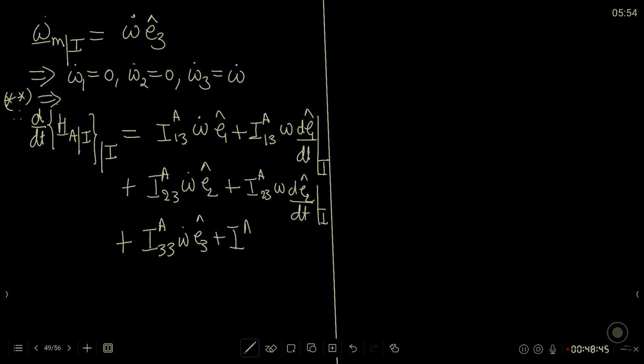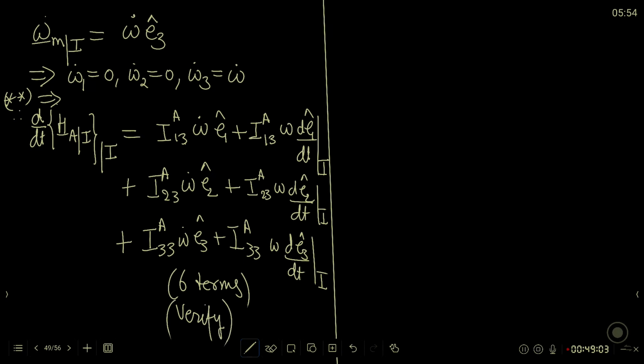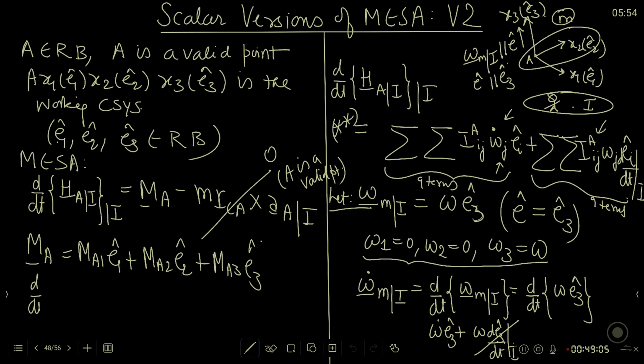Verify. Three terms will come from this bunch of 9 terms here. 9 will become 3. Another 9 which we have here will again give only 3 non-zero terms, and thus you have only 6 surviving terms.